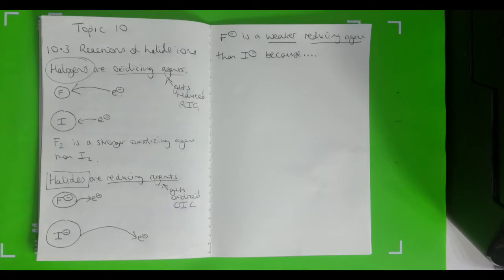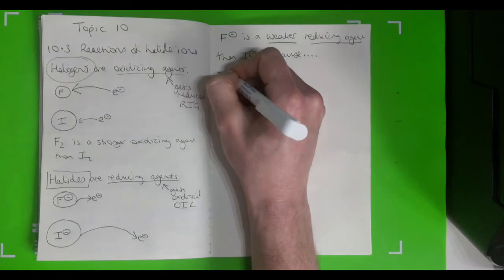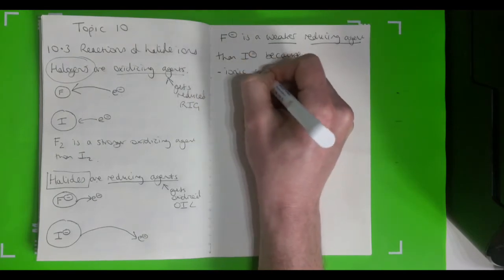So what we've got here is a much smaller ion with a lower ionic radius. So I'm going to put that as a keyword, ionic radius.